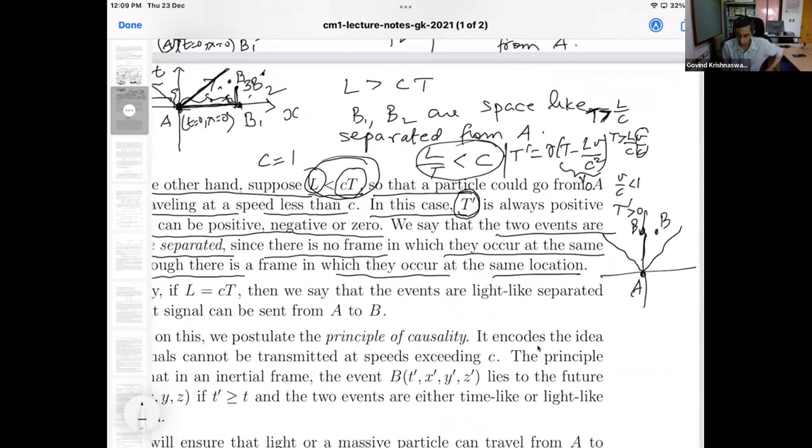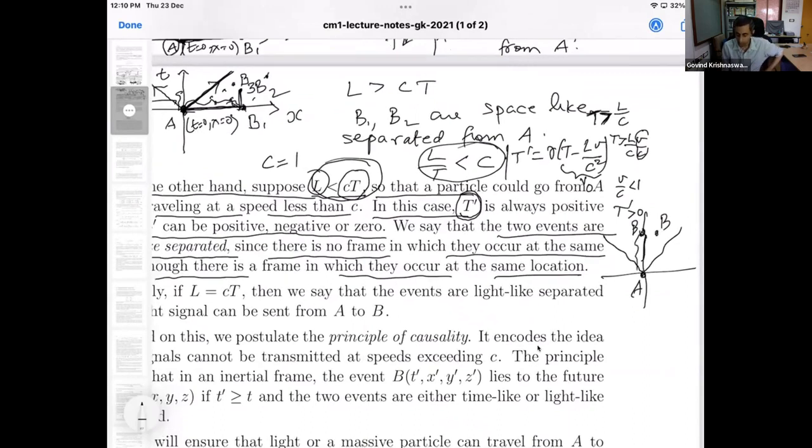Of course, T is not 0, it is some amount, but nevertheless, L is less than CT because L was 0. So all these events that I am putting dots here, all these events are time-like separated from A. So this region is all consisting of time-like separated events from A.